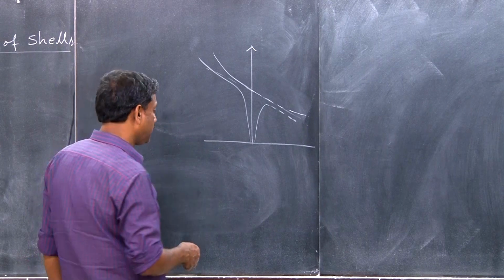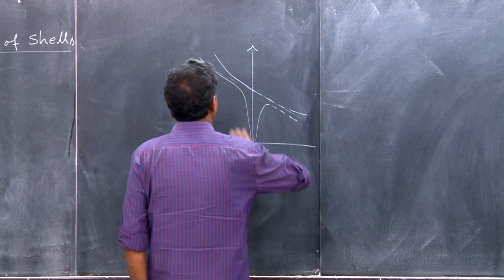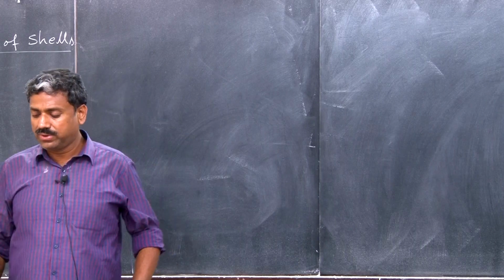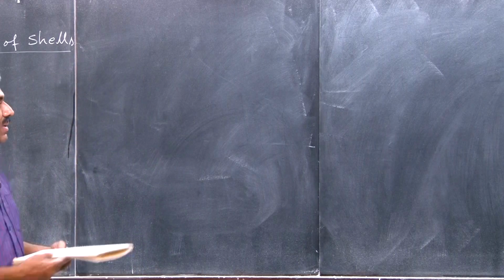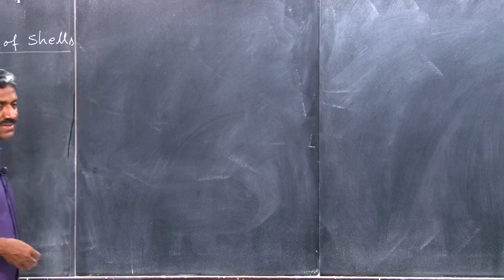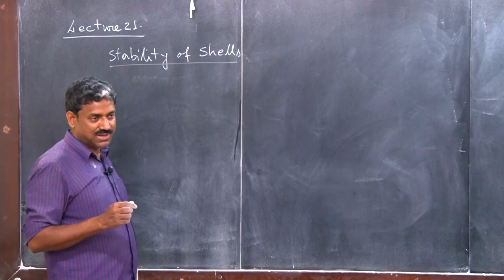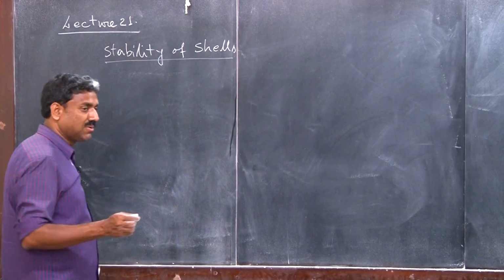So the first thing, of course, we will start with the simple shell theory, and then I will show you the basic example of axisymmetric buckling. But this is just a purely academic exercise. Please note that this behavior will never be observed, and why it will not be observed, I will explain.